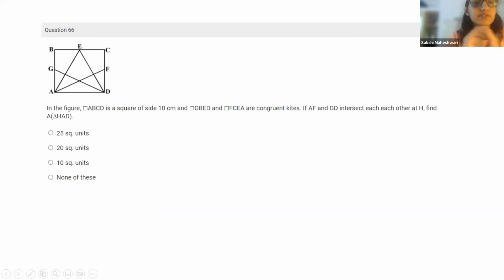Yeah, this is the next question. It's mentioned this is a square of side 10, and GBED is a kite, and this is congruent to FCE. FCE is another kite. So see, if they are congruent, you can see that GB equals FC, BE equals CE.